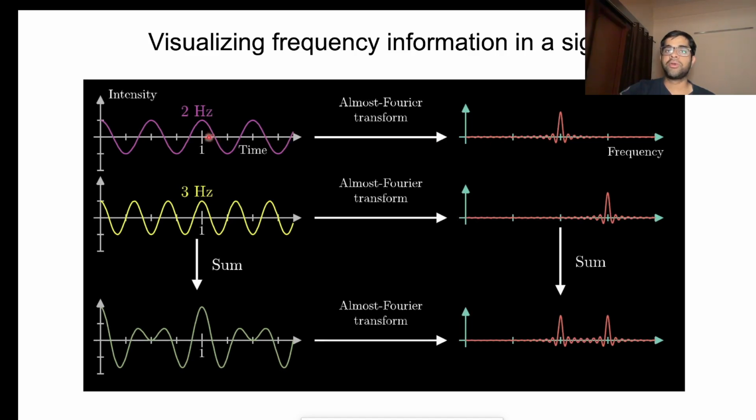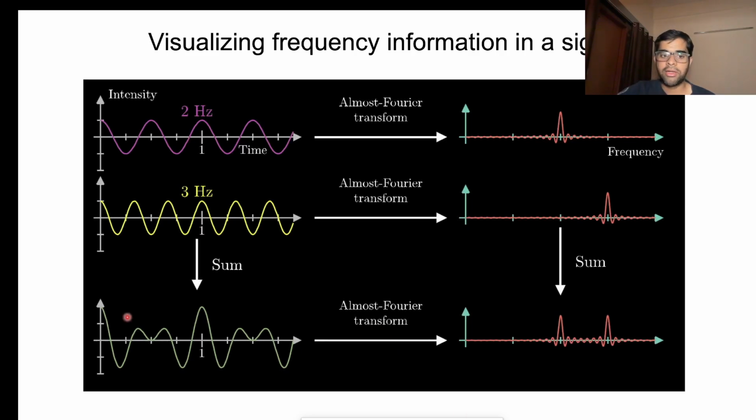Since it is only one frequency, you get only one peak here. But if you take a sum of this, you see two peaks, right? And similarly, if you have a very complex signal, it's a sum of many sinusoids. There you don't see clear peaks like this, rather you see a continuous waveform like this. I hope that makes it clear.